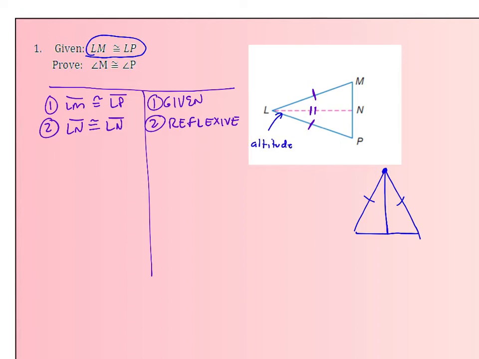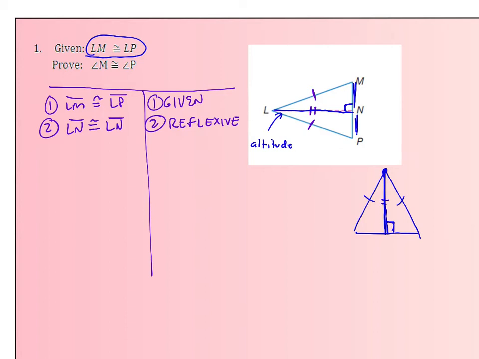It does two things. One, it's a 90-degree angle, and two, and this is only true in isosceles triangles, it cuts this in half. It bisects the far side.